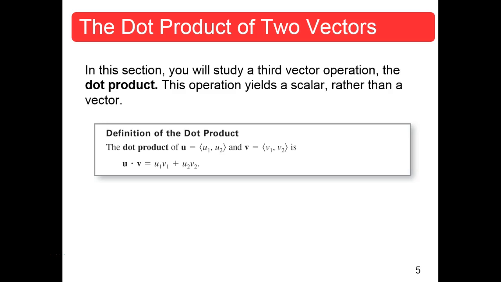And because multiplication and addition of scalars give scalars, you get a scalar answer. That is a dot product. And if you had three-dimensional vectors or 17-dimensional vectors, you do the same thing. Multiply the corresponding components together and add the products.